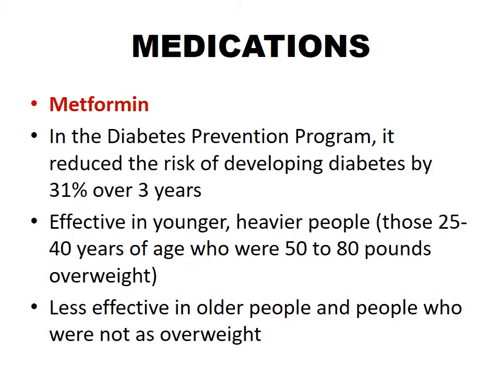Metformin has been found by the Diabetes Prevention Program to reduce the risk of developing diabetes by 31% over 3 years. Metformin is usually effective in younger and obese people, those between 25 to 40 years of age who are overweight.